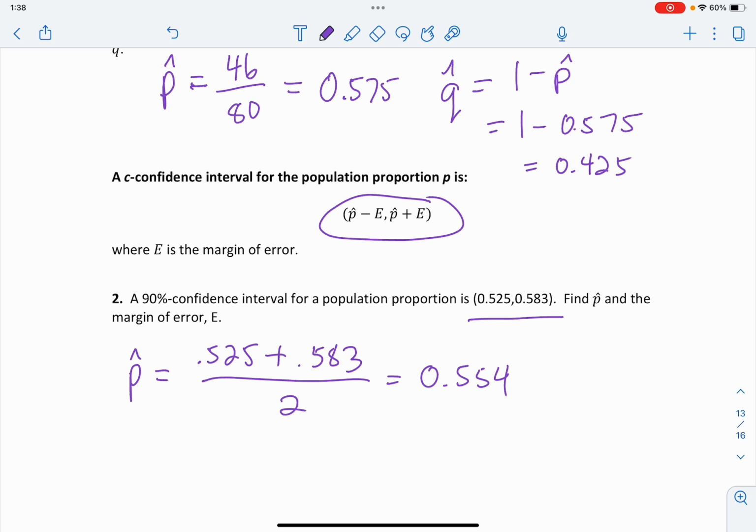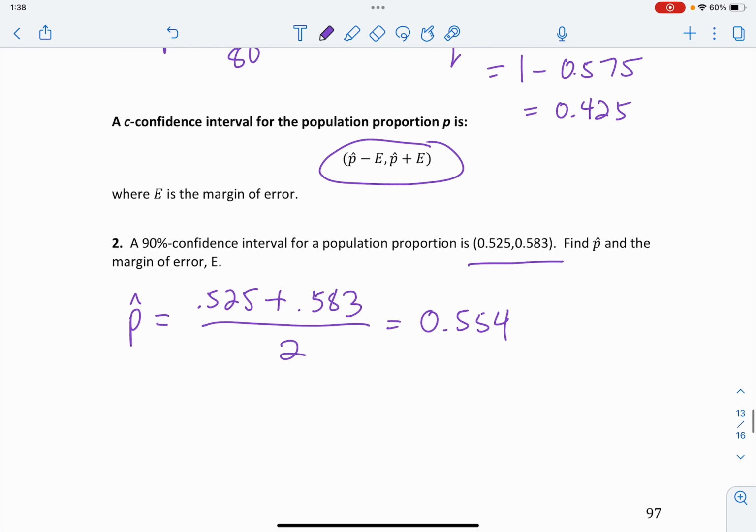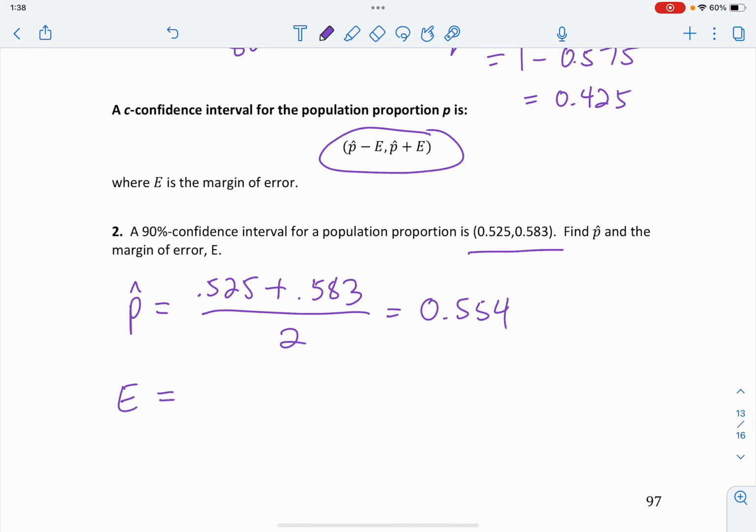And then the margin of error is always the distance from that middle to either of the endpoints. So a good way to do that is, our little trick, take the x bar, let's reverse that. Start over. We don't have x bar.